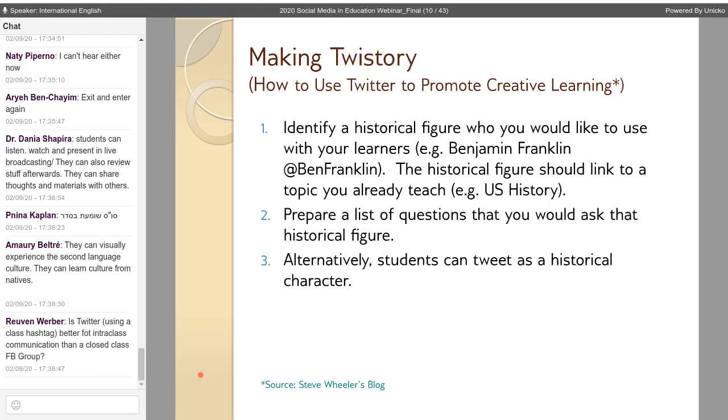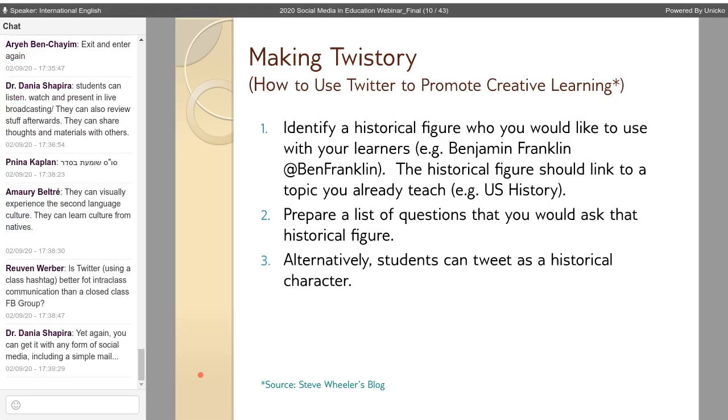How do we use Twitter to teach American history? First, we identify a historical figure that we would like to use with our learners, Benjamin Franklin. The historical figure should link to the topic that we already teach, US history.